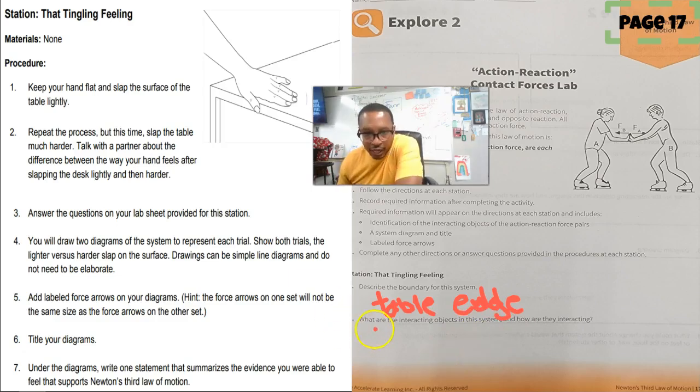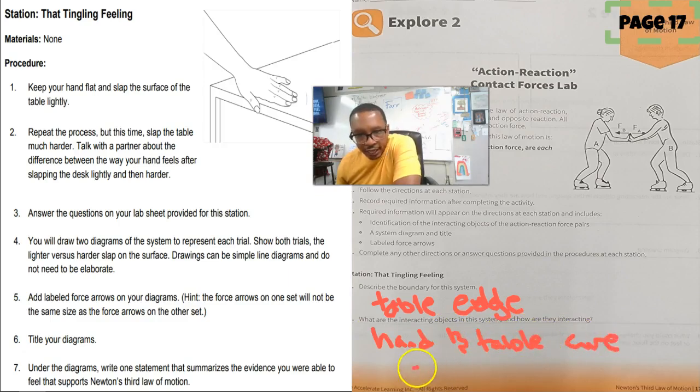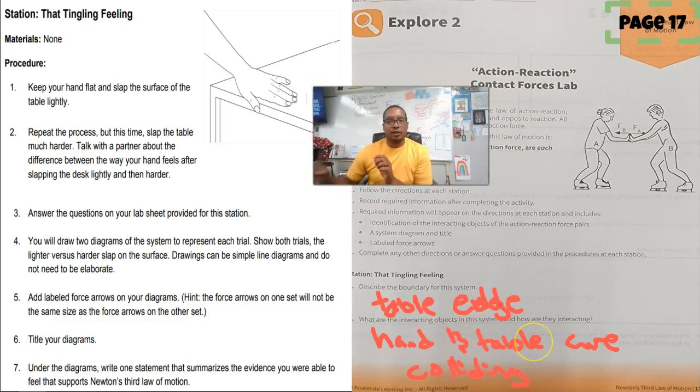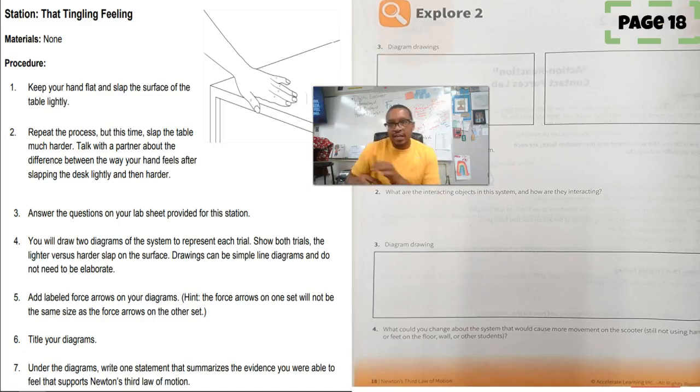So I would say hand and table are colliding. That's what I would say. So those are the parts of the system, and then how they're interacting and what's happening. So hand and table are colliding.